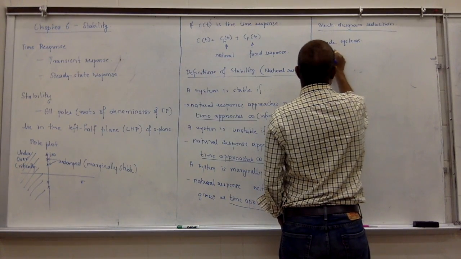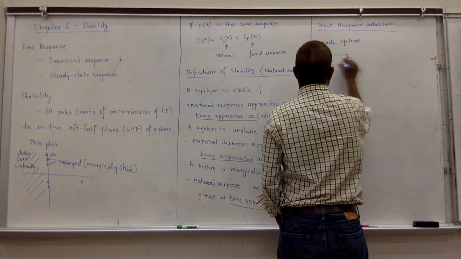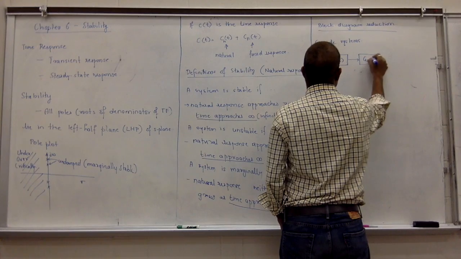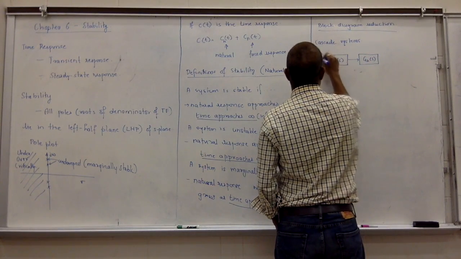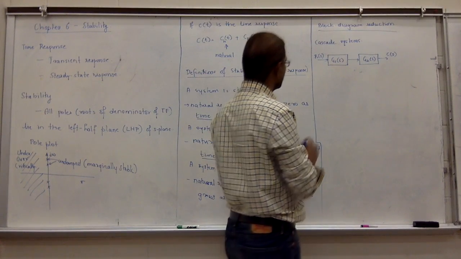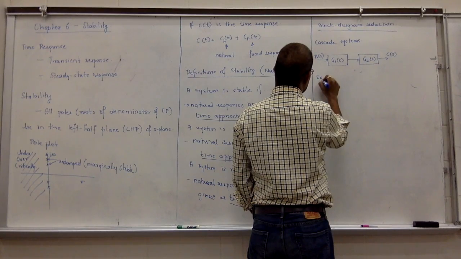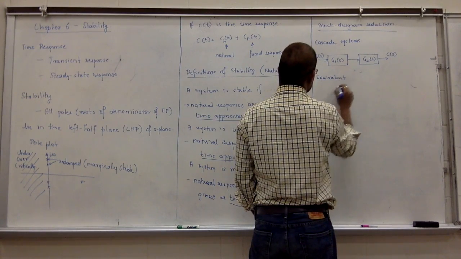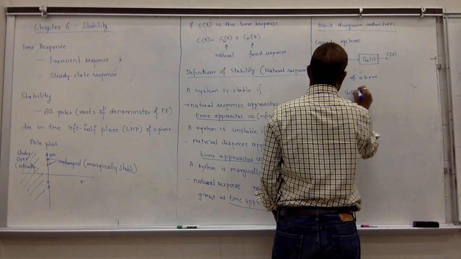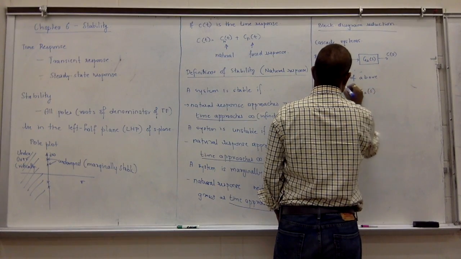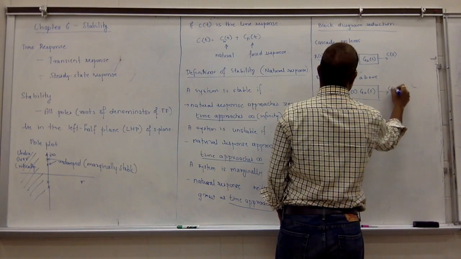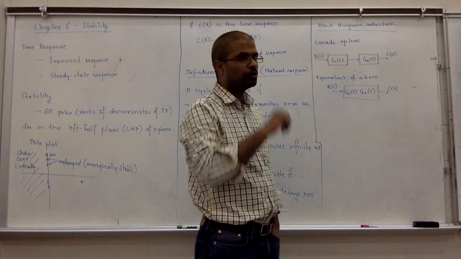We have G1 of S, G2 of S. So here the equivalent of the above would be, you just multiply the two blocks.